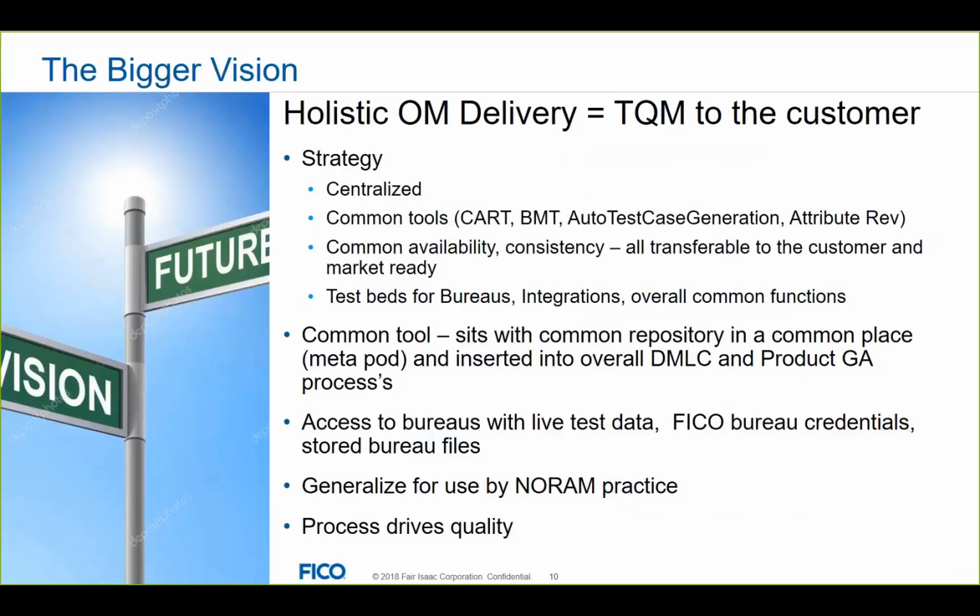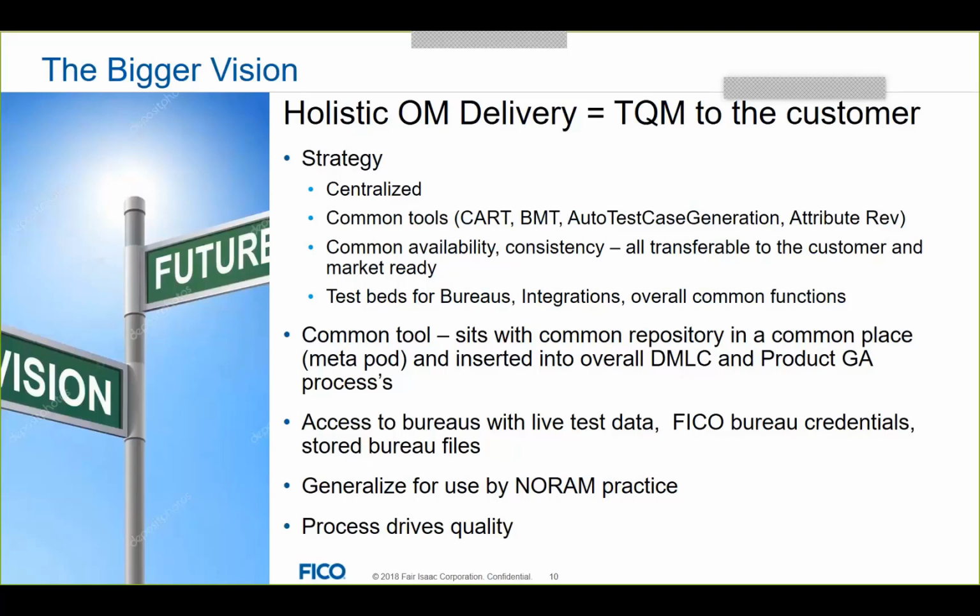Right. We're kind of finishing each other's slides here as we talk about this, but where we're trying to go is the TQM, or the holistic OM delivery that we have, TQM to the customer, right? We're centralized. We're using common tools. CART is one. We also have a bureau management tool that we've built a proof of concept around.